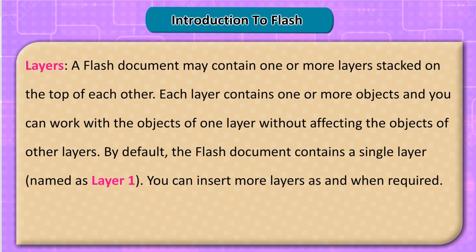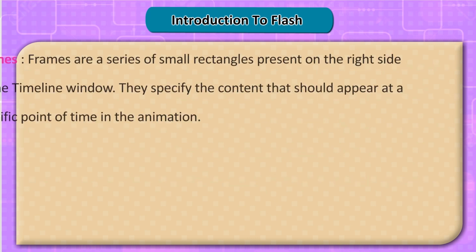A Flash document may contain one or more layers stacked on the top of each other. Each layer contains one or more objects and you can work with the objects of one layer without affecting the objects of other layers. By default, the Flash document contains a single layer, named Layer 1. You can insert more layers as and when required.